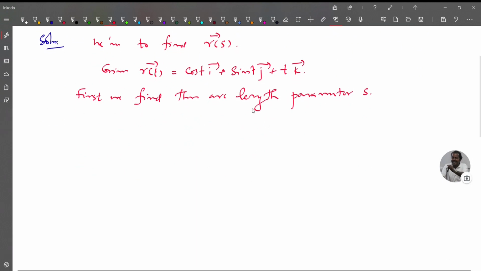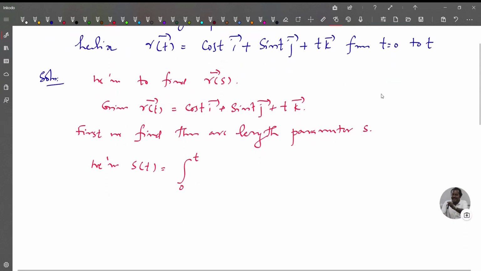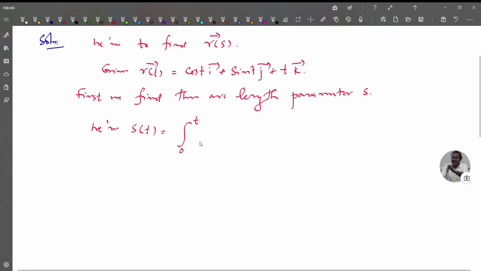We have s of t is integral 0 to t. Here t not equal to 0. So 0 to t modulus of v of tau d tau, since t not equal to 0.